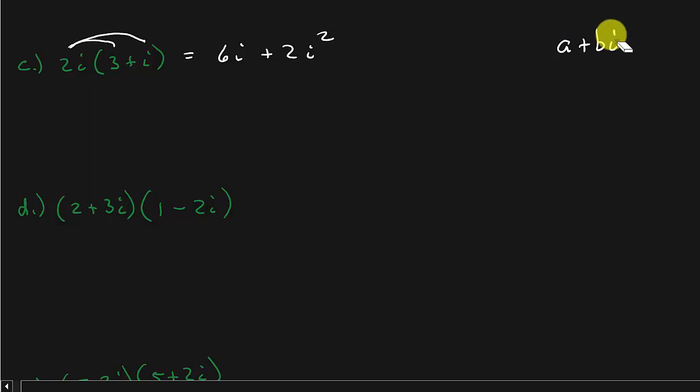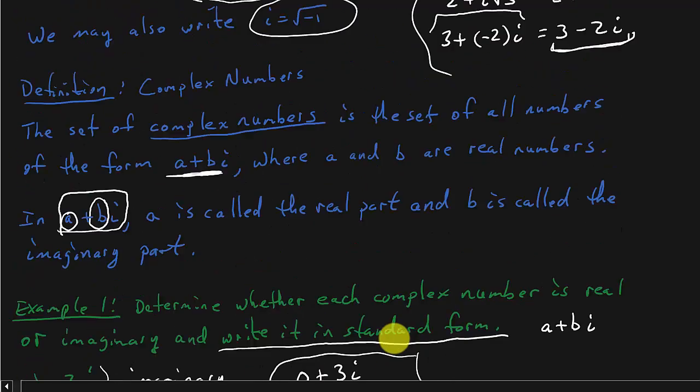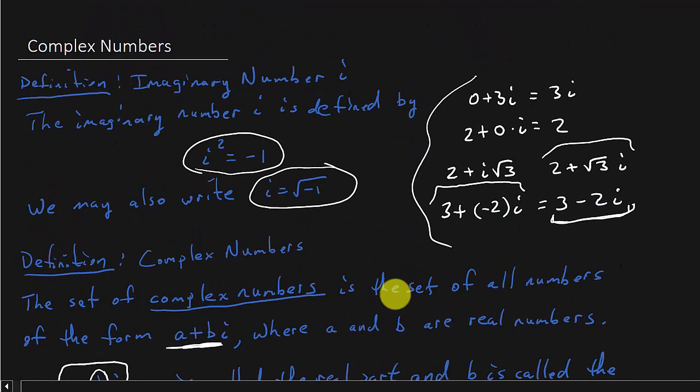Okay? So now we have what? 6i plus 2 times negative 1. Now, where did the negative 1 come from? Well, remember, up here, i squared is equal to negative 1.